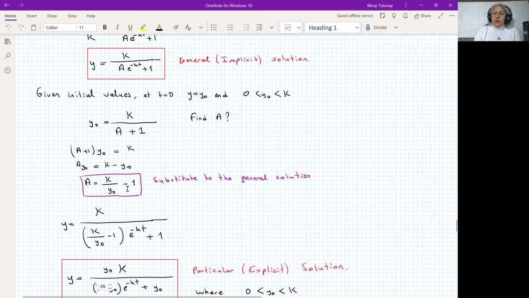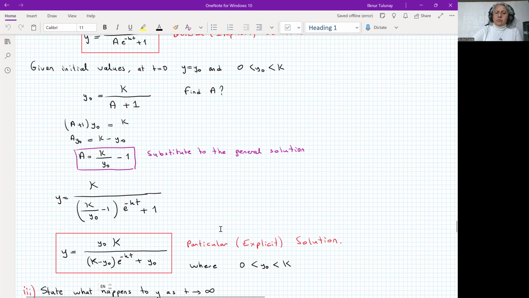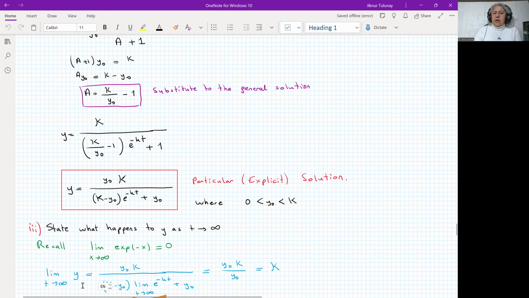We need to put this constant into the general solution to find the particular solution. Let's put a here. Oh, we need to organize a little bit. We can multiply this one with y0, and then we can multiply this one by y0.